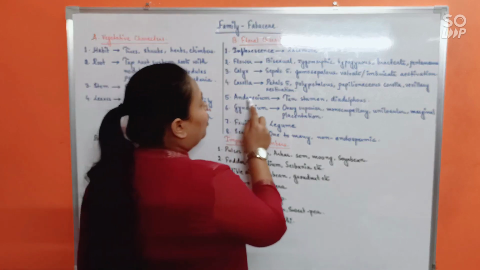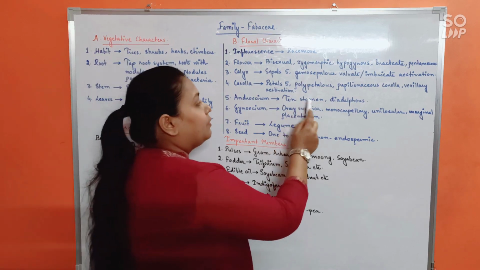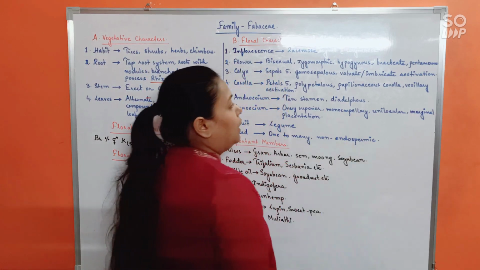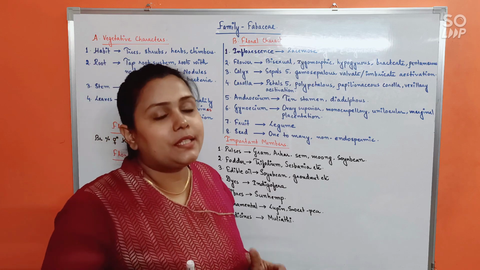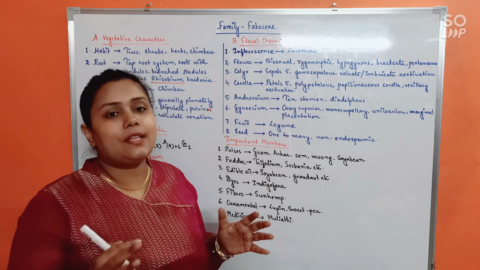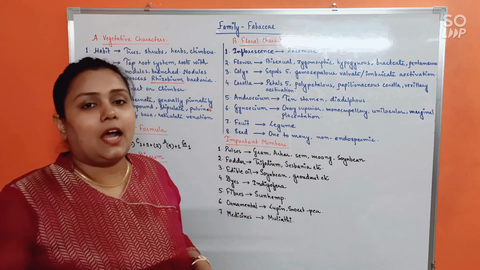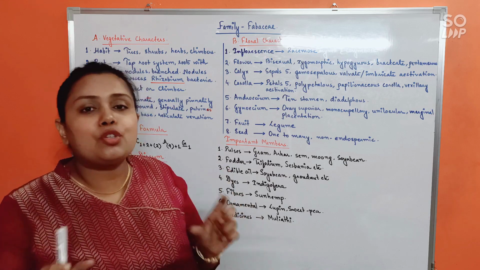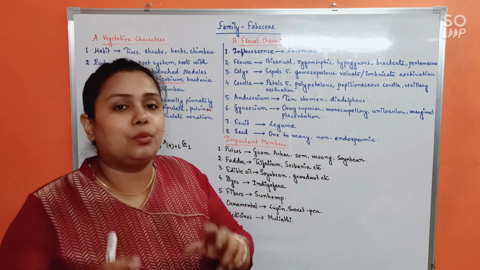Now, androecium. Total 10 stamens. Okay, 10 stamens are present, and diadelphous condition. Now, if you remember, adelphous itself means filaments of the stamen are fused and anthers are free, and di means 2. So, in that case, in the flower, 2 separate units will be formed by fusion of filaments. Okay, fused filaments of stamens will create 2 units.